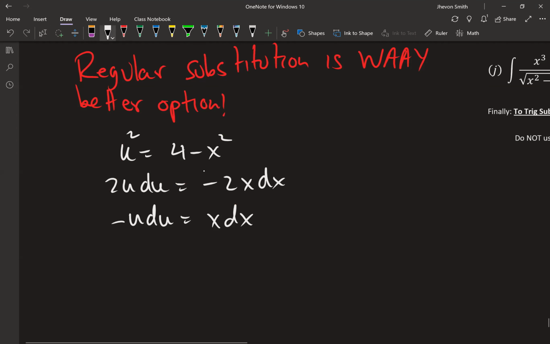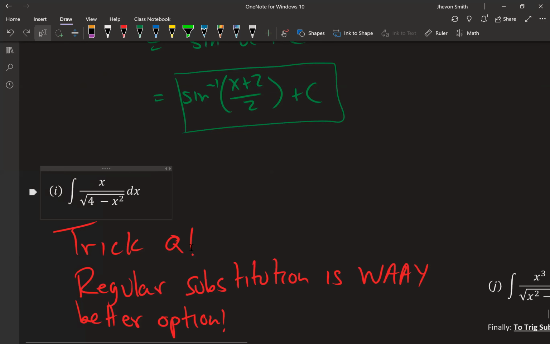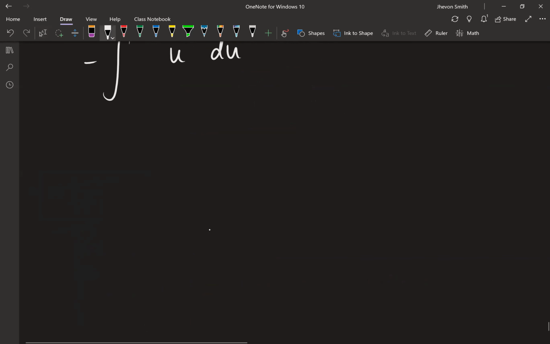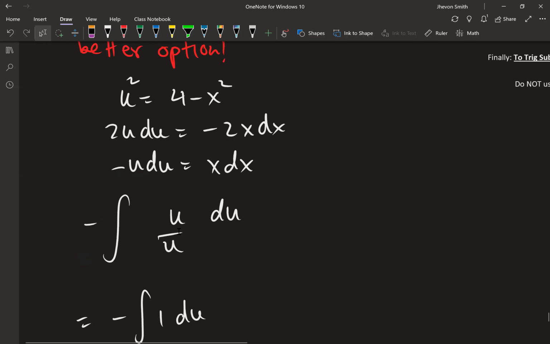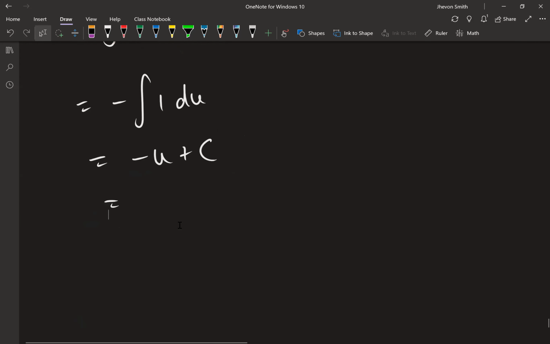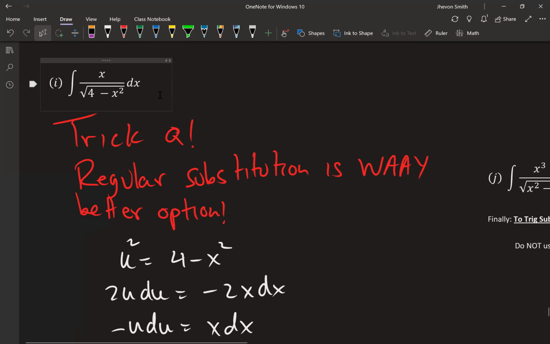So the integral would become minus u du replacing the x dx, and under the radical you would have just u. So this is just minus 1 du, which is just minus u plus c. And then your u is just the radical of 4 minus x squared. So substitution is the much faster method here, and that was something you're supposed to see.